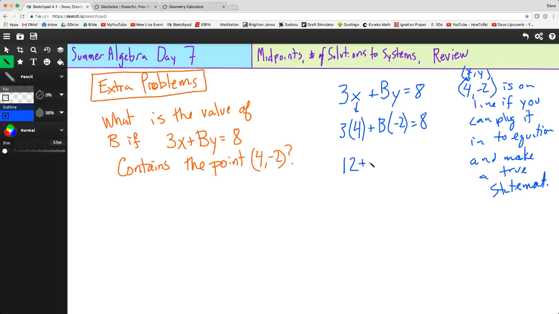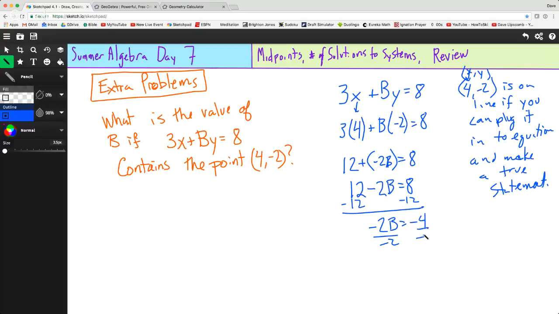12 plus negative 2b equals 8. 12 minus 2b equals 8. Subtract 12, subtract 12. Negative 2b equals negative 4.